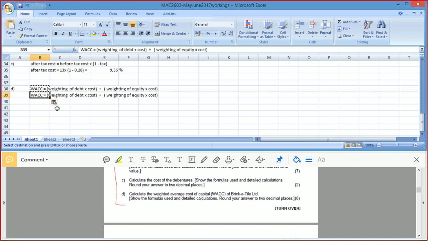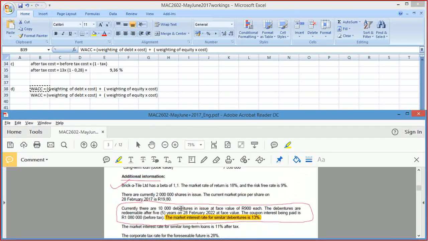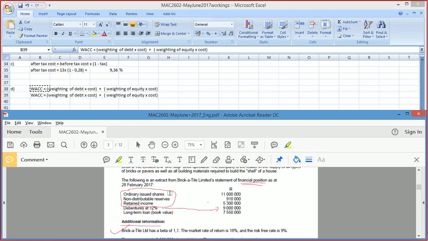Right, so there's your formula. You write down the formula, you put in your weightings. Okay, so this requires those amounts at the top here. There we go. The following is an extract of Brick and Tile.